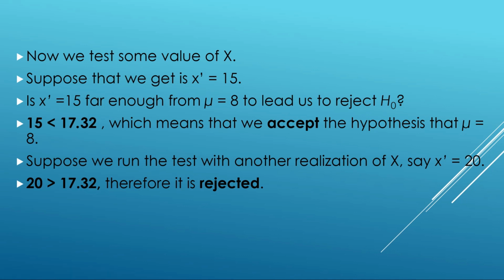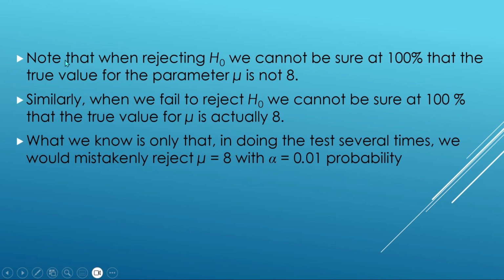hypothesis or reject it. Note that when rejecting H naught, we cannot be 100% sure that the true value of the parameter mu is not 8. Similarly, when we fail to reject H naught, we cannot be 100% sure that the true value for mu is actually 8.